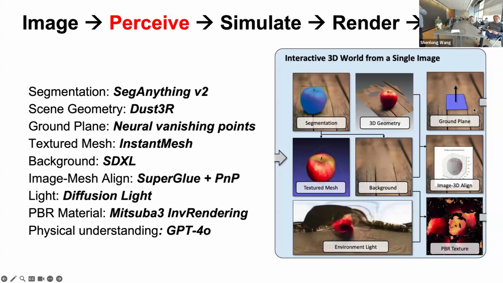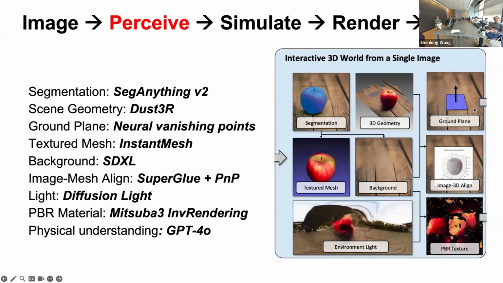We use SDXL to basically do inpainting, and we establish the latest, greatest point-based matching and then use PnP to align these 3D meshes back into the image to make sure the alignment is really nice. We estimate lighting conditions using DiffusionLight. All of those are tools published within the last three years. Without those toolkits, we cannot really get a comprehensive understanding of the world.